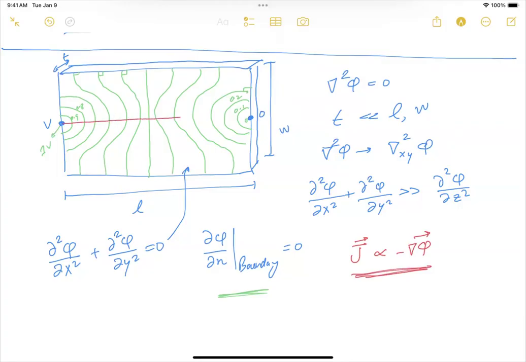So if I draw the current density distribution, it should essentially look something like this. And at every location, it is basically normal to the equipotential. And near the surface, it would look something like this. So you see how the current distribution is now going to be non-uniform.